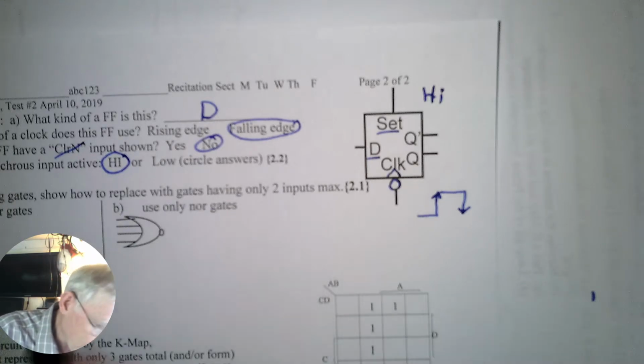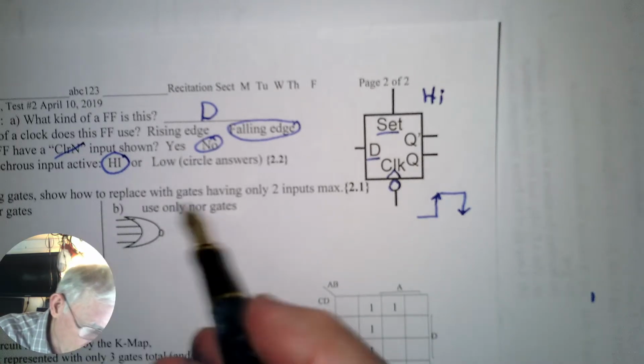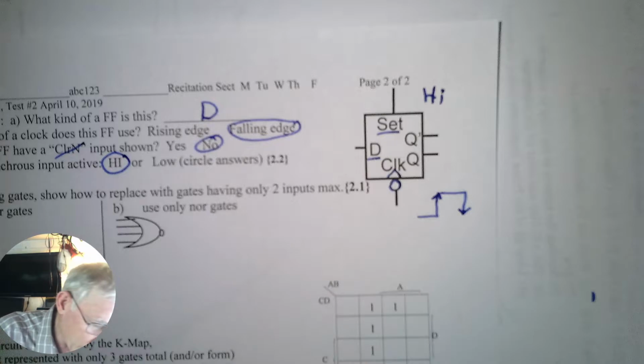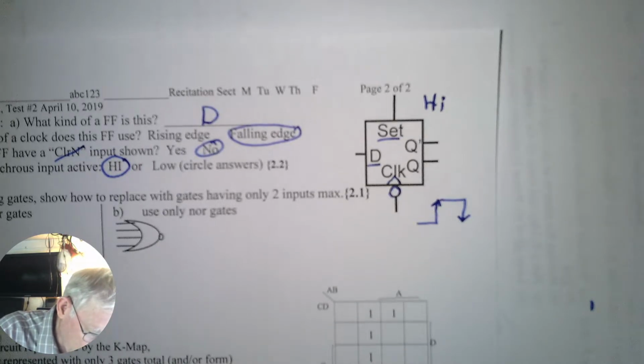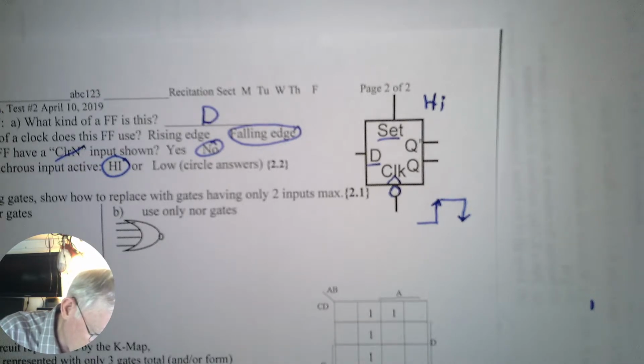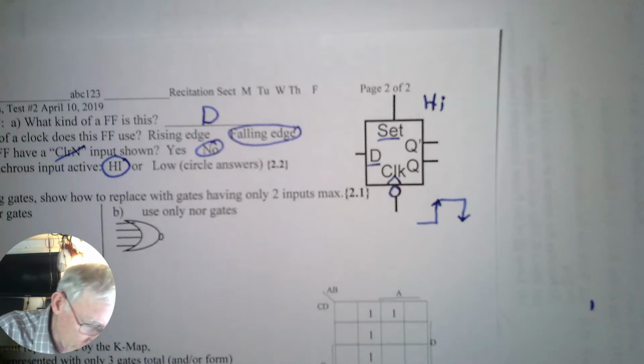Okay. Now, given the following gates, show how to replace the gates having only 2 inputs max. Okay, so with this gate, it's really easy. You just have to have 2 OR gates for the input, and then you have to have an OR gate here. So of course it does add a layer, but it's really easy. You just put in the 2 inputs here and the 2 inputs there, and now you're implementing it with gates only having 2 inputs.